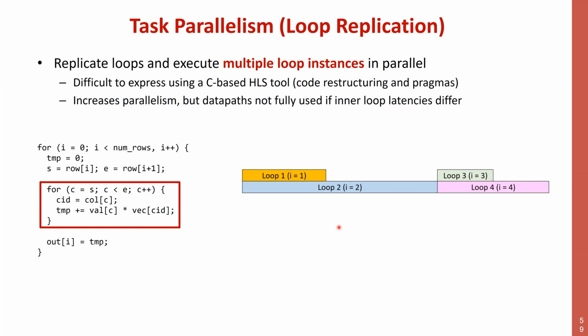It would achieve at least something better, because now these colors represent the complete set of iterations of one of these for loops. So one of these for loops would operate in one of the data paths and will do whatever it needs for the time that it needs, for the number of iterations that it needs. And the second outer iteration will be going on at the same rate and at the same speed in parallel.